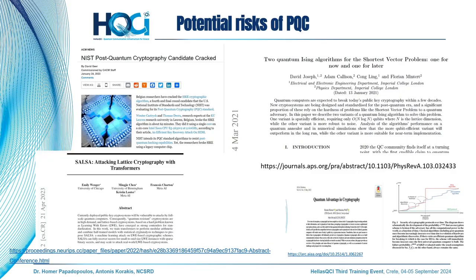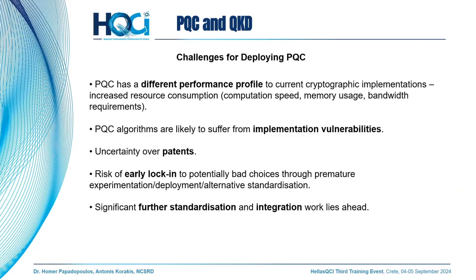What is this? Transformers is the algorithm that generative AI, which is very famous at the moment, is based on. So they are using the way that AI works to attack lattice cryptography, which is quite promising. And also Meta, Facebook, is very active in this domain.